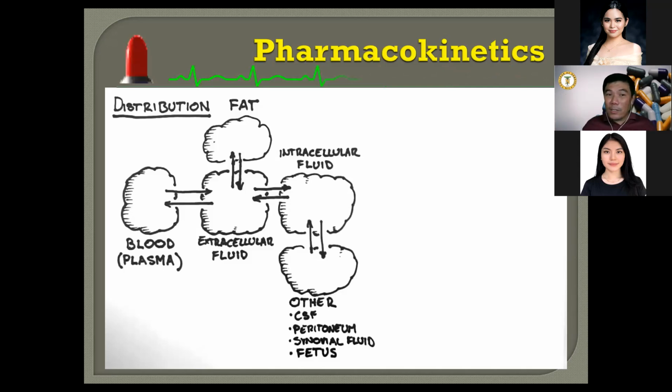Having this concept of intracellular and extracellular, sir, why is there fat? Because that is another compartment in which drugs may possibly take place. Why? Because in the plasma, there could be lipids, right?